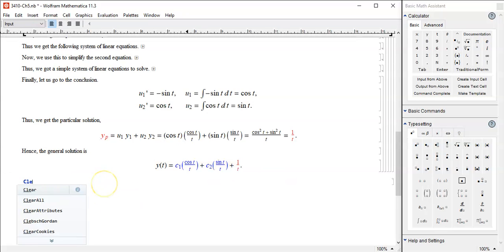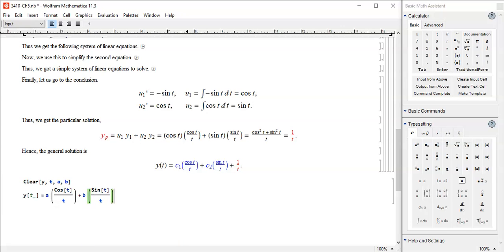Let's see. And then y of t is, let's rename the constants a and b as well. a cosine of t over t plus b sine of t over t, homogeneous part, plus 1 over t, that's my function.